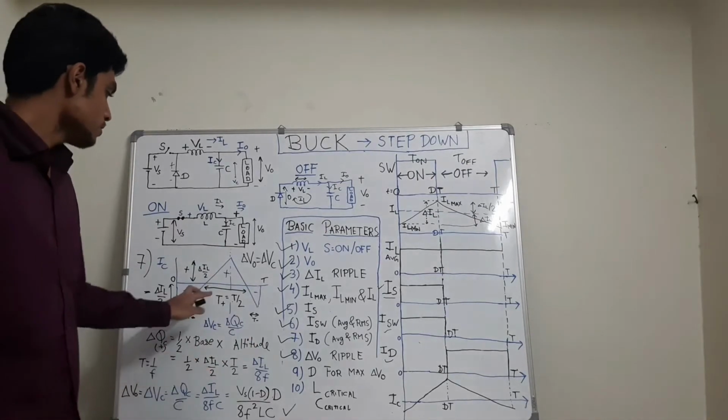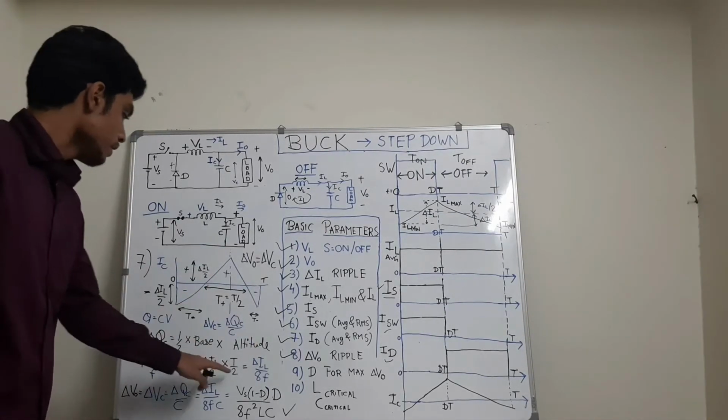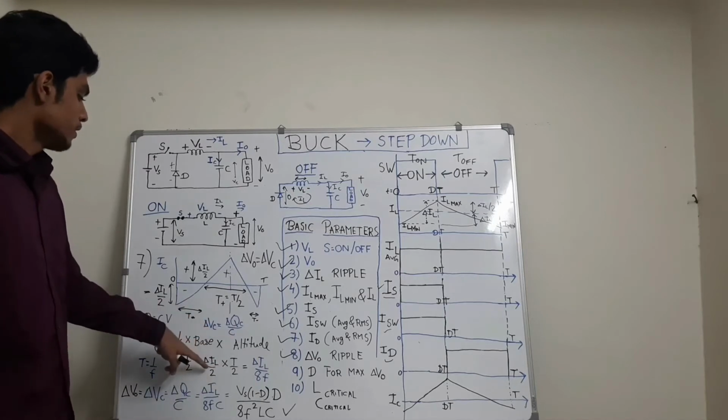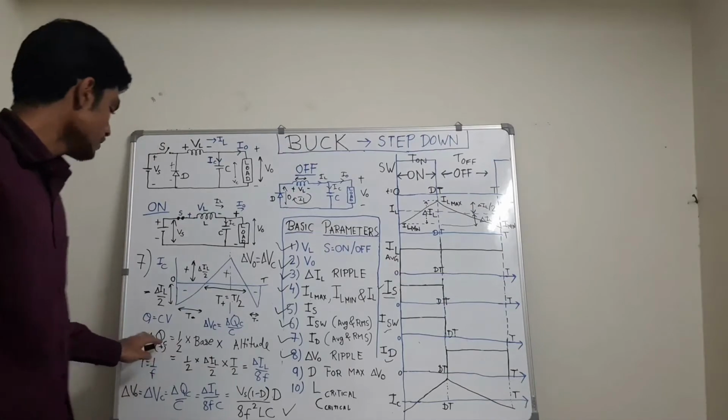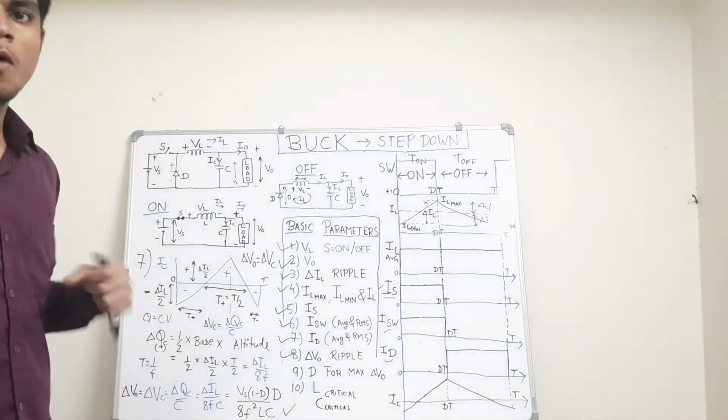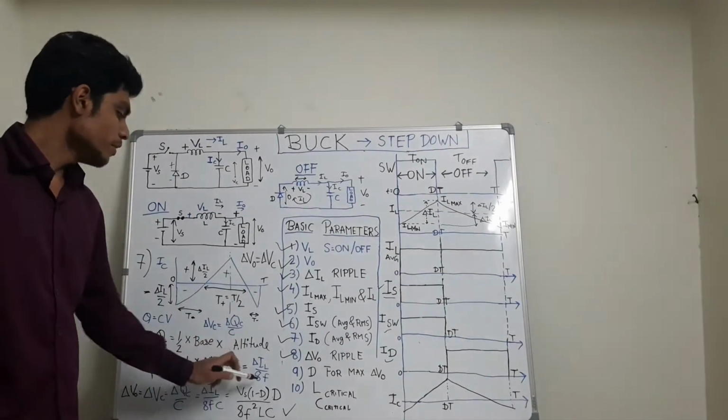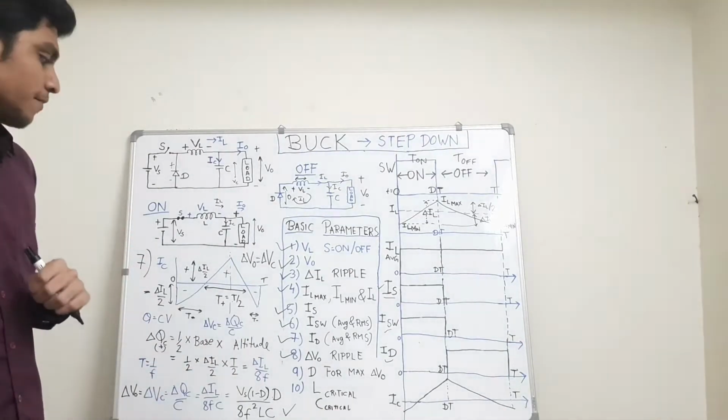So base is how much? T by 2 into altitude, that is del IL by 2. So the charge gained by the capacitor during the positive half cycle is equal to del IL upon 8F.